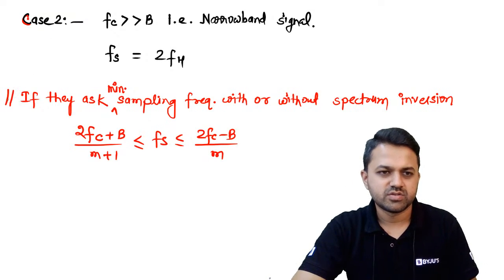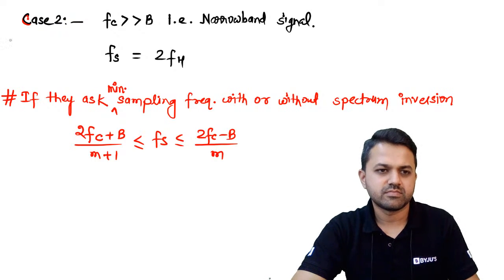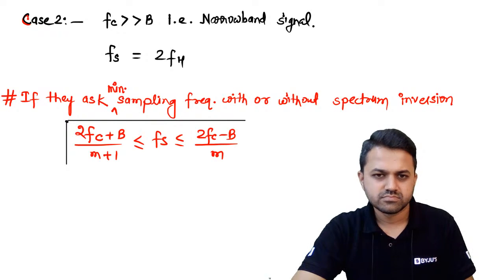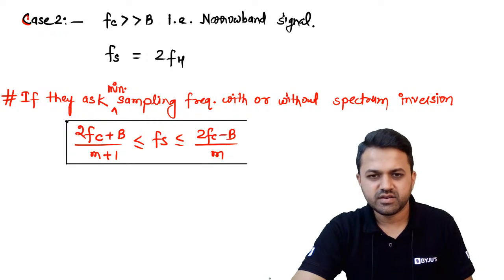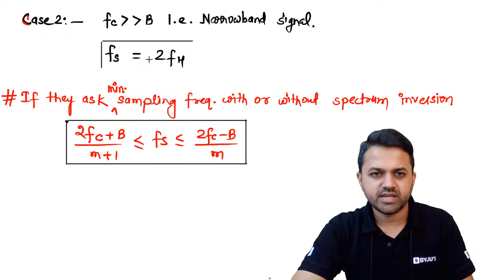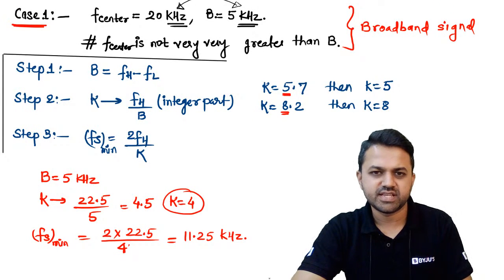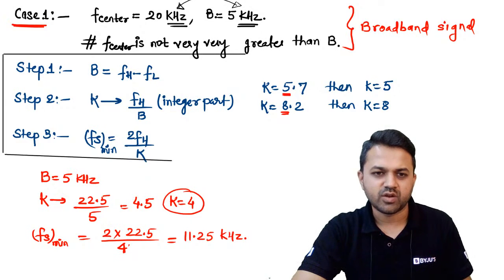So note this point. Clear? Dreamer, Anindya, it is clear to you, and Dreamer also. So there are these three formulas to calculate the sampling frequency.